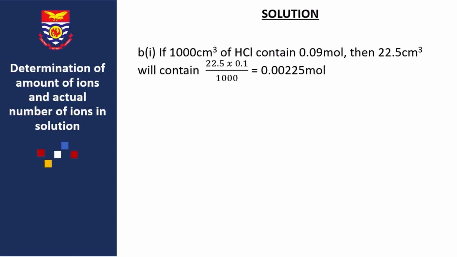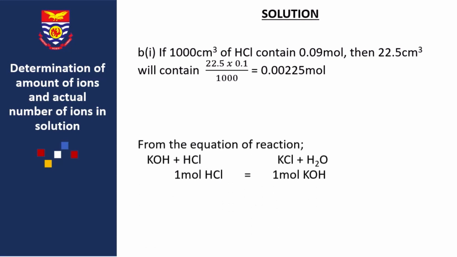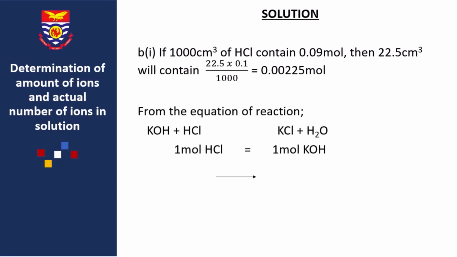0.00225 moles. If we know this, the next thing to look at is the relation between hydrochloric acid and potassium hydroxide. What is the relation? It is such that 1 mole of hydrochloric acid reacted with 1 mole of the potassium hydroxide.